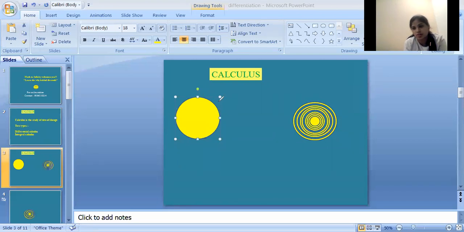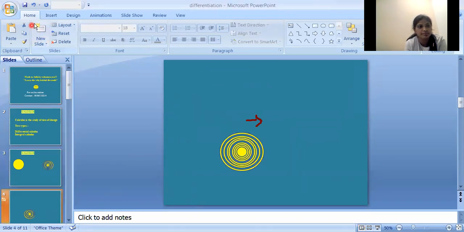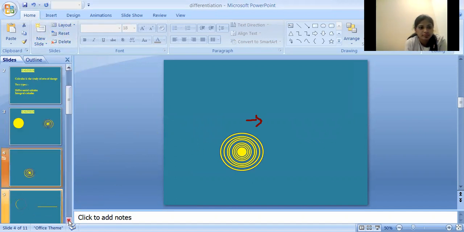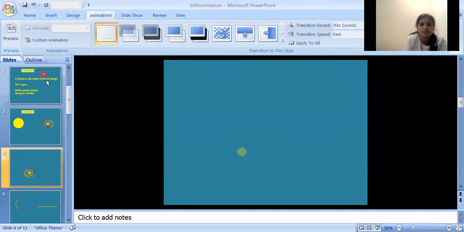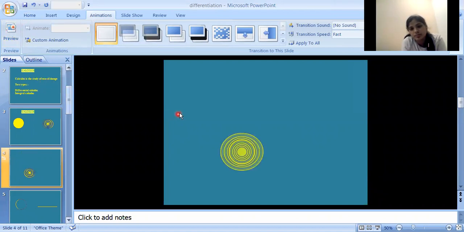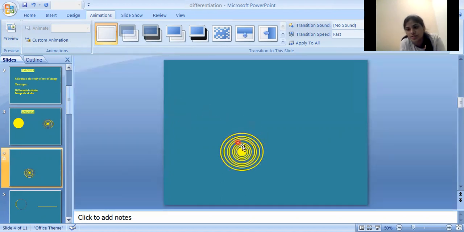I'm going to slice the circle into many concentric circles. So I can slice a single circle into too many concentric circles like this.